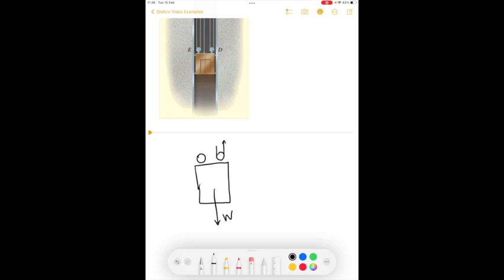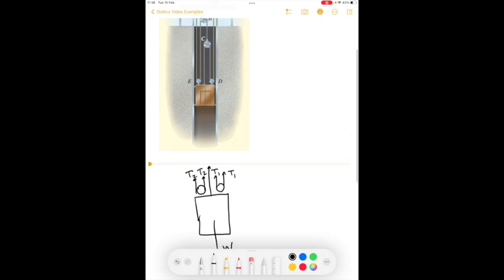We know that this is the first cable on this pulley, and this is a second cable. So I'll just call that T1 and T2. And finally, that first cable is also pulling up here in the middle of the elevator.